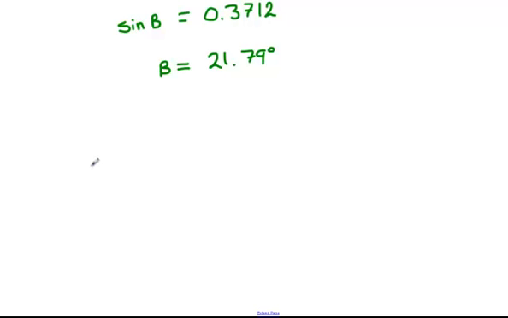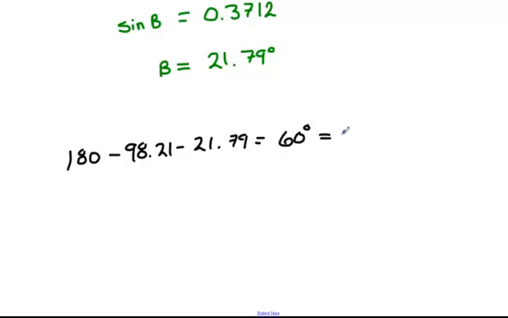So getting the last angle, we only need to take 180 minus our 98.21 minus 21.79, and that's going to equal 60 degrees. So that is then our angle A.